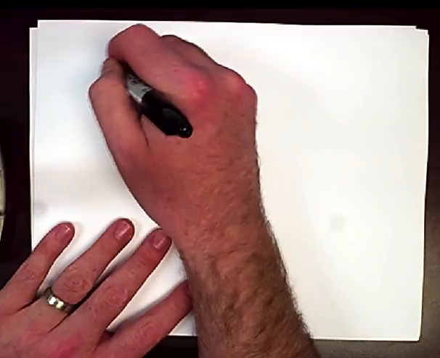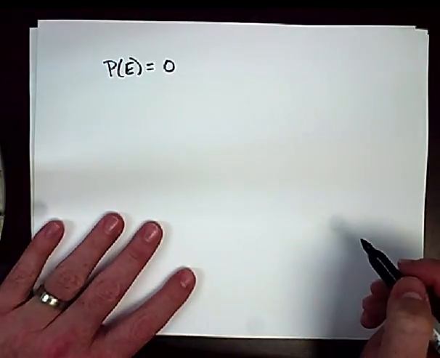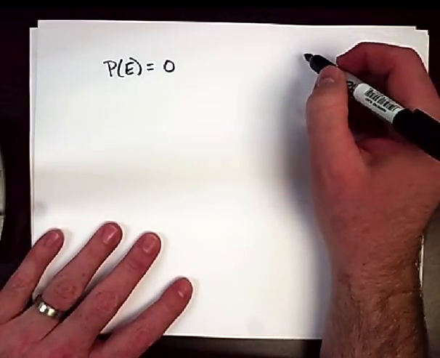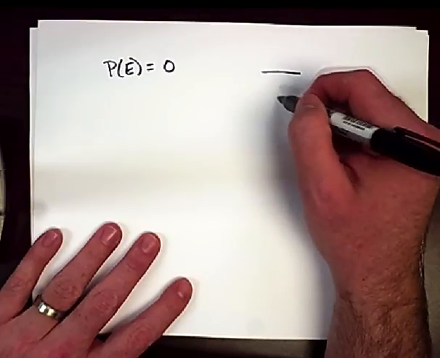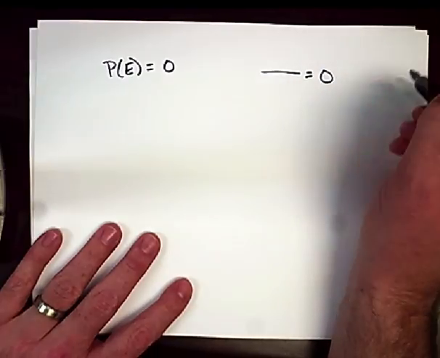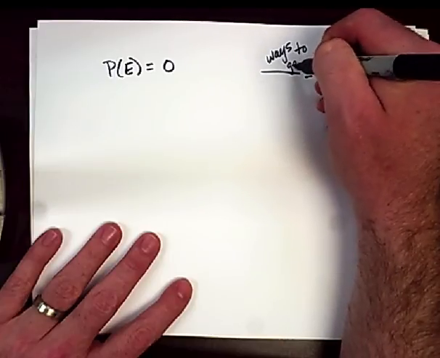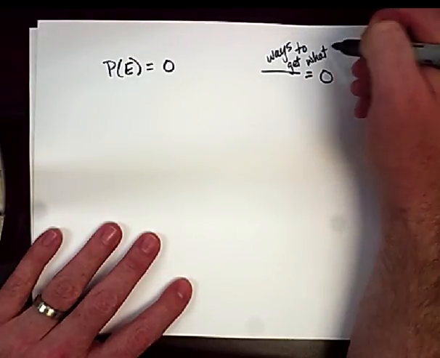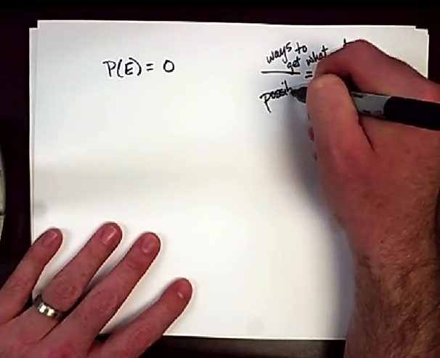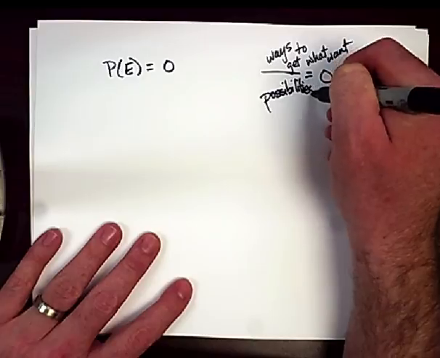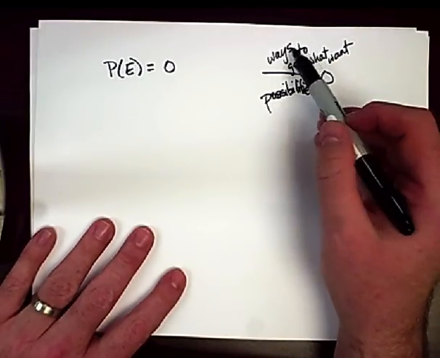Now, there are some strange types of probabilities. If the probability of some event E is 0, well, think about that. If you had number of ways to get what you want over number of possibilities, and that equaled 0, well, there's only one way to divide two numbers and get 0, and so that's the top is 0.